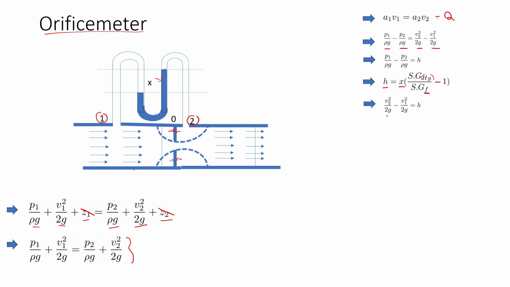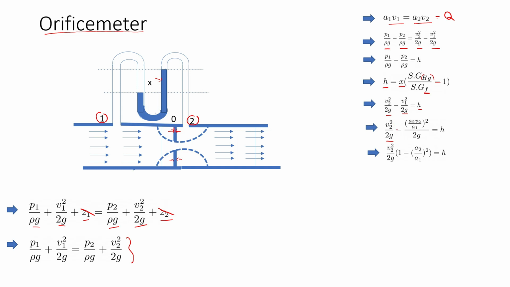So you can write V2 square by 2g minus V1 square by 2g is equal to H. For V1, you will substitute from the continuity equation: V1 is equal to A2 V2 by A1, the whole square by 2g.